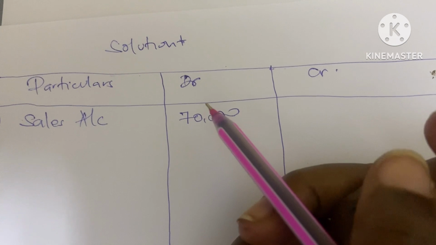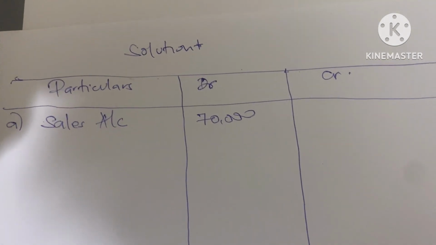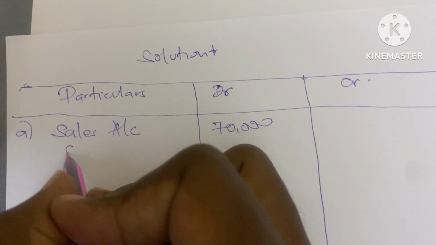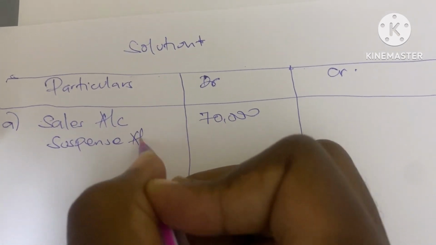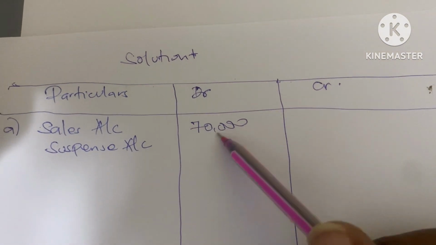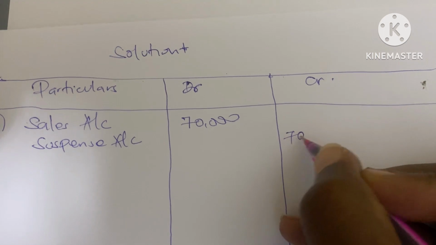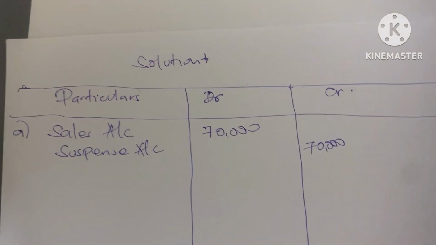An overstatement is an error that can be detected by the trial balance, so we record it in the suspense account. After debiting the sales account, we credit the suspense account by the same figure, 70,000. So that's the first error.